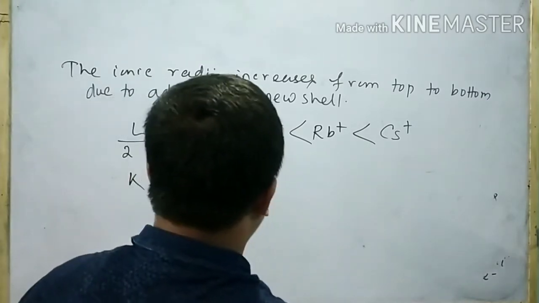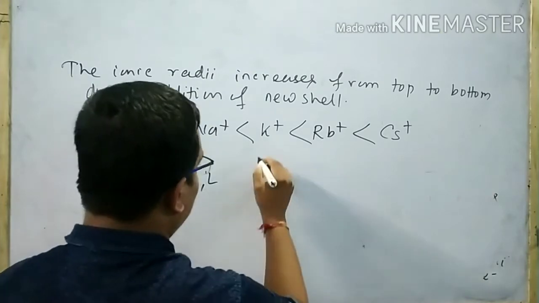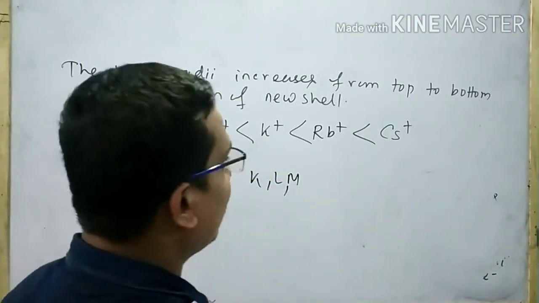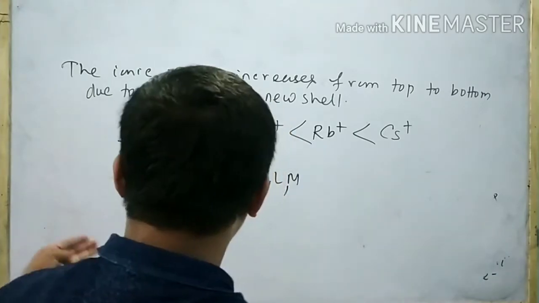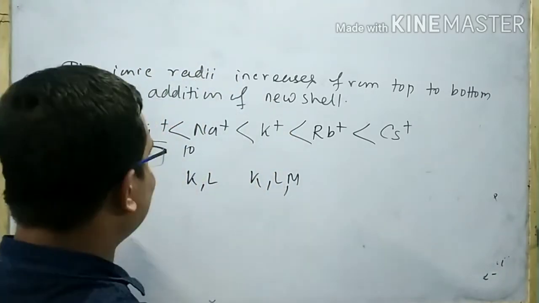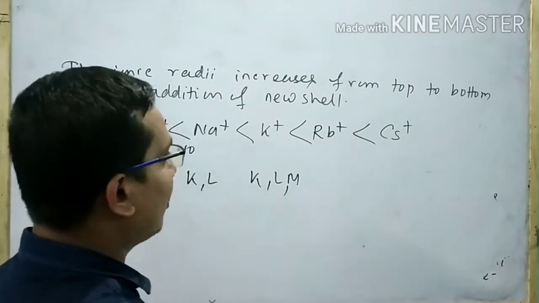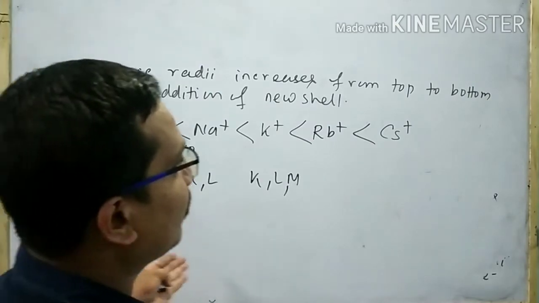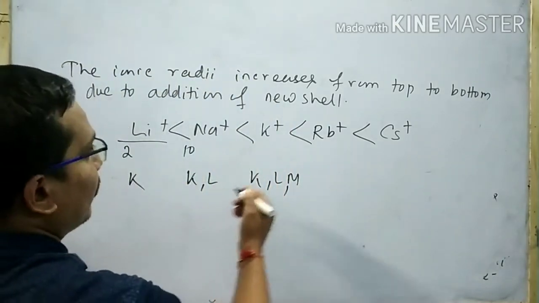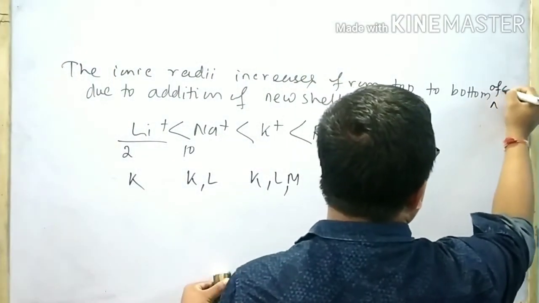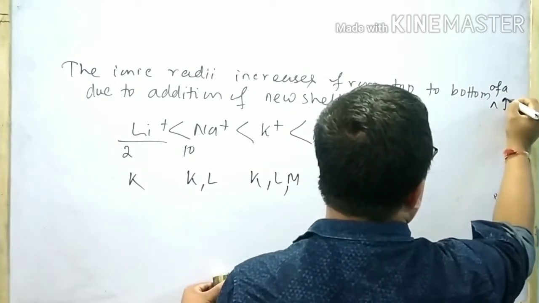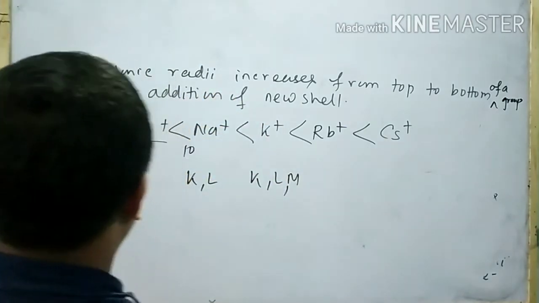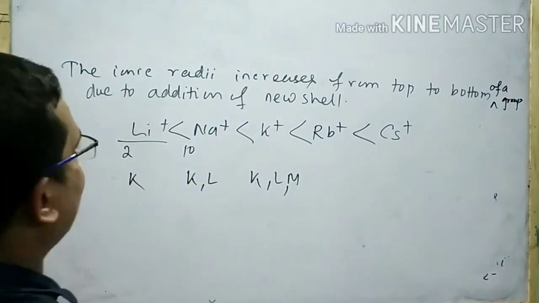If you think about the potassium ion, then the electrons are filled in K, L, M. Think about the other ions like that. There is an increase in the shells, which means there is an increase in the radii of the ions. So we can conclude that when we move from top to bottom of a group, the ionic radii increases due to the addition of a new shell.